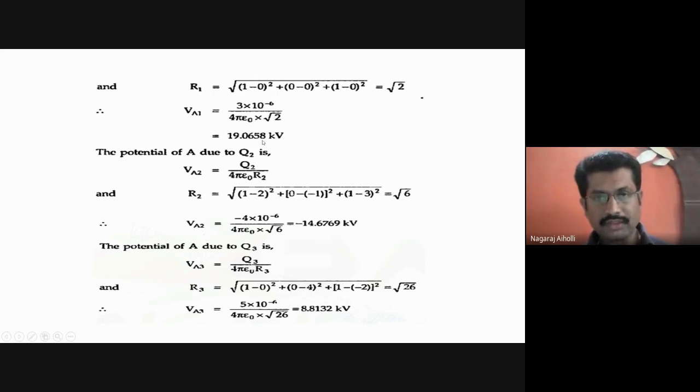The first one is 19.0658 kilovolts, plus VA2, which is negative, minus 14.6769 kilovolts, then plus VA3, 8.8132 kilovolts. Do this and tell me the answer, students. How much are you getting? VA1 plus VA2 plus VA3. 13.2030 kilovolts.